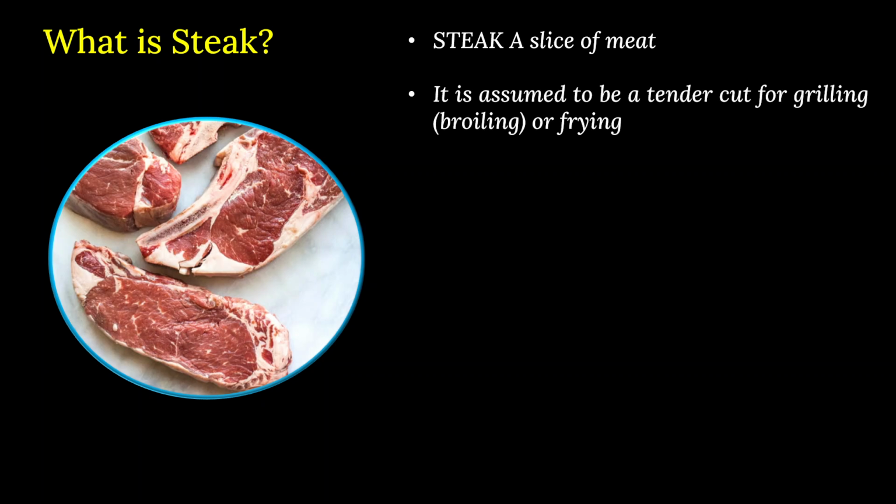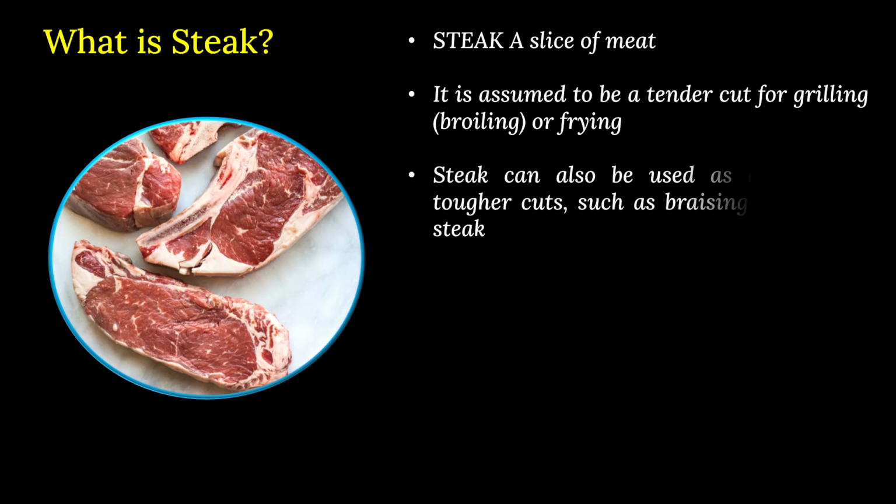It is assumed to be a tender cut and normally used for grilling, broiling or frying. Clear? And also we can say that steak can be used as a term for tougher cuts of meat, normally used for braising and stewing methods. You must know by this time that braising and stewing are slow cooking processes.